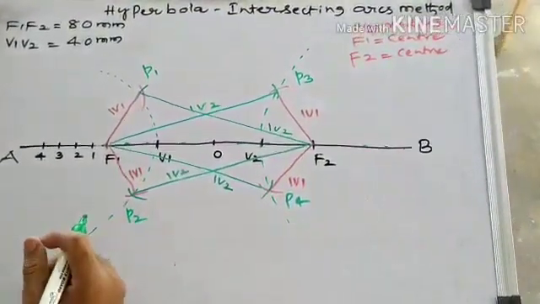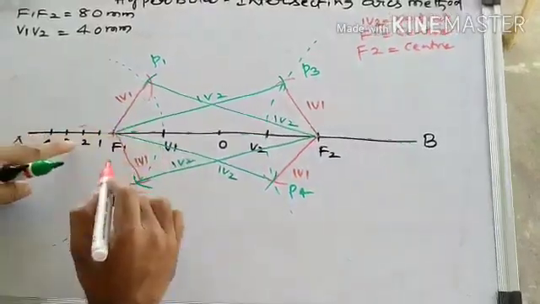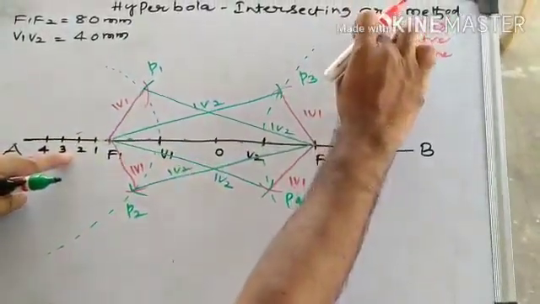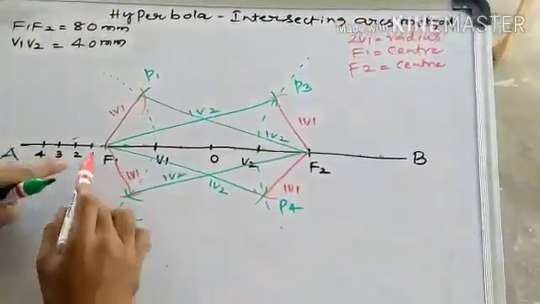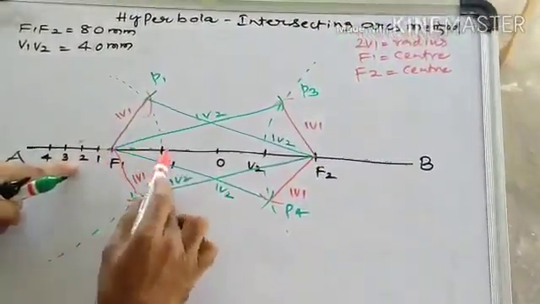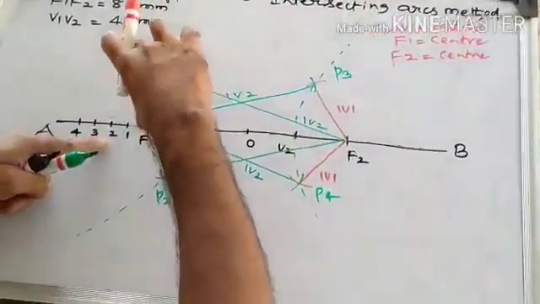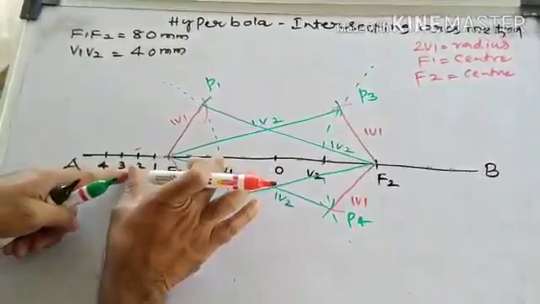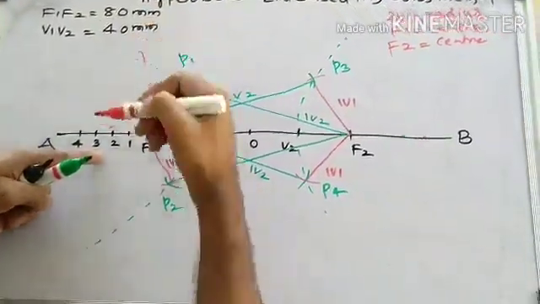The same process I am adopting now. Choose the second point. Now 2 V1 as a radius, F1 as a center. You have to cut it.